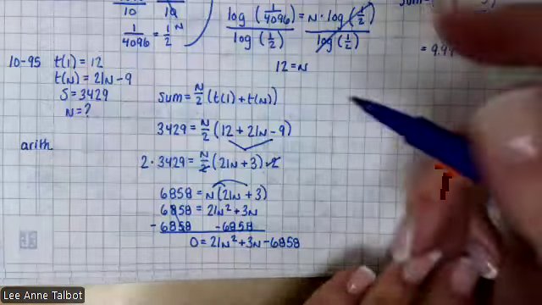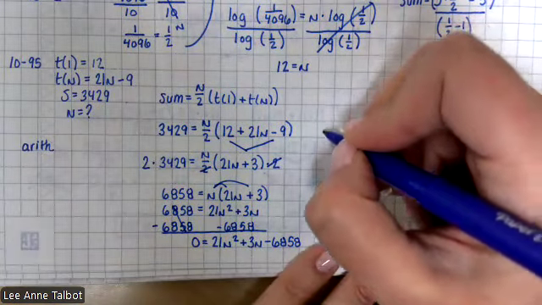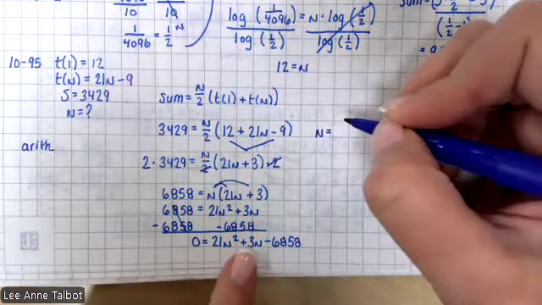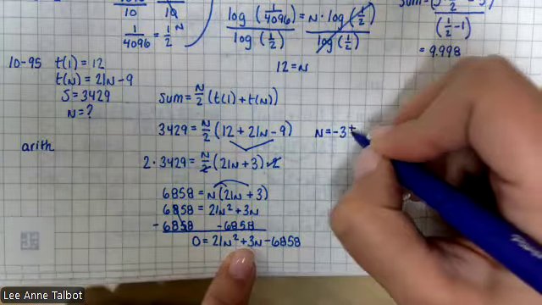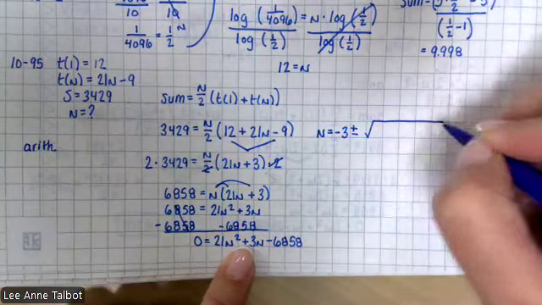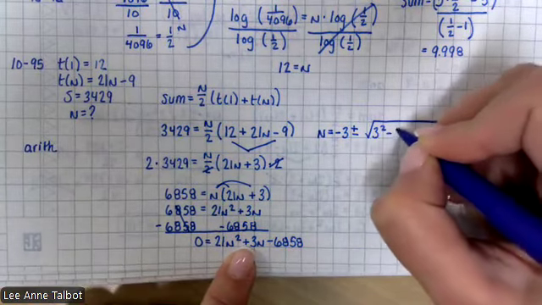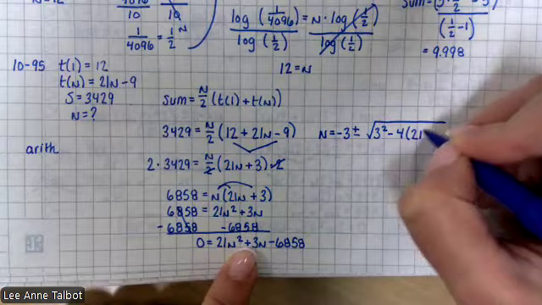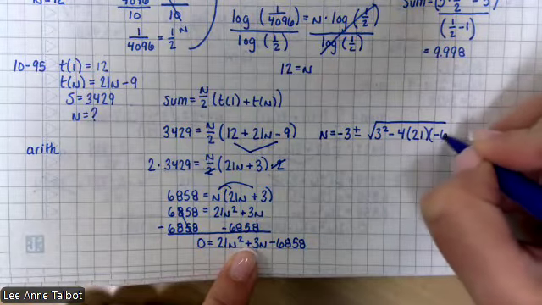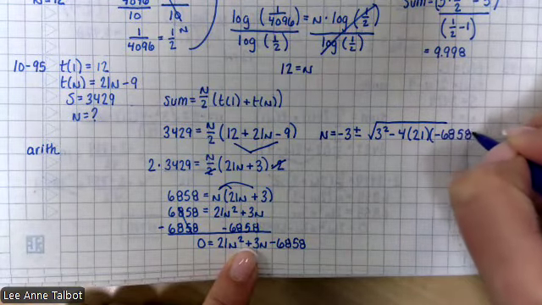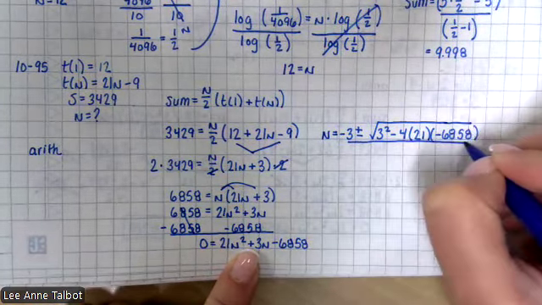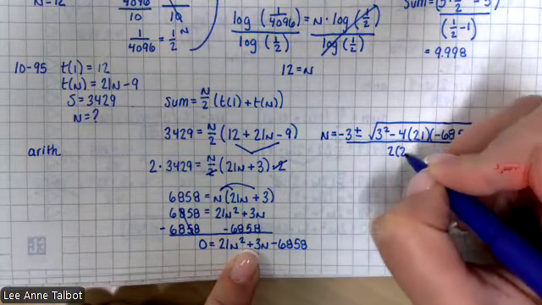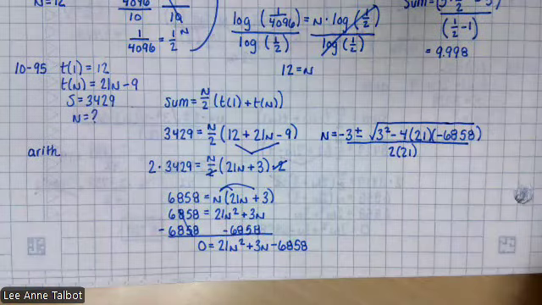So n equals negative b plus or minus the square root of b squared minus 4ac, all over 2a.